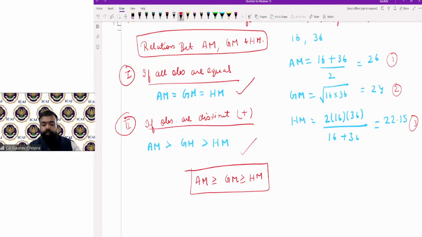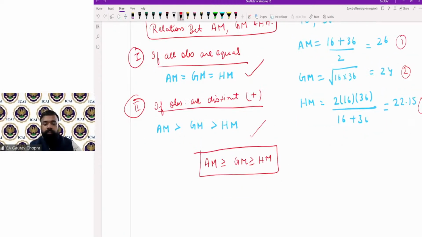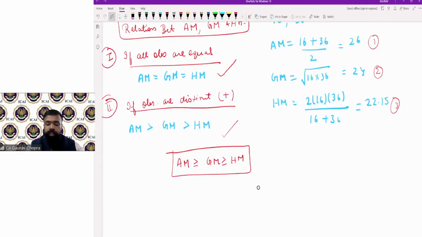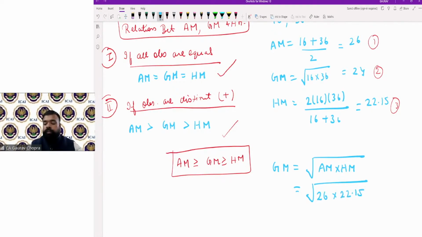All right. Now, there is one more formula based on this, that is, geometric mean is equal to root of AM into HM. So if you try here, AM is 26, HM is 22.15 something. Solve this, you will get 24 as the geometric mean.